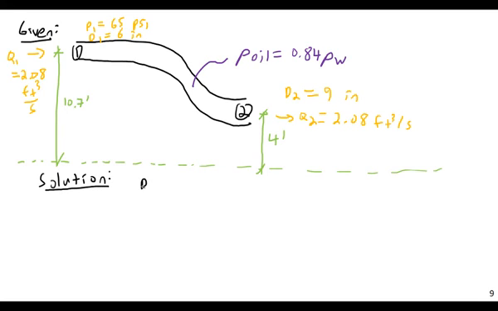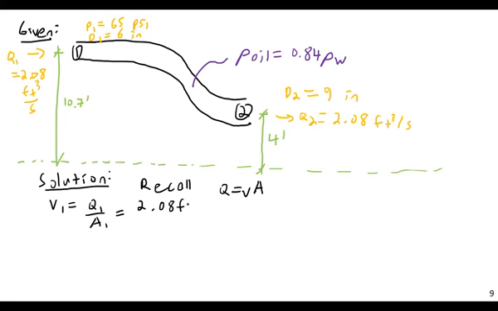So, solution. Recall, the first thing I'm going to do is find the velocity. Q equals VA here, and V1 equals Q1 over A1. In this class a lot, I'm going to use pi over 4 d squared for area: area equals pi over 4 diameter squared.